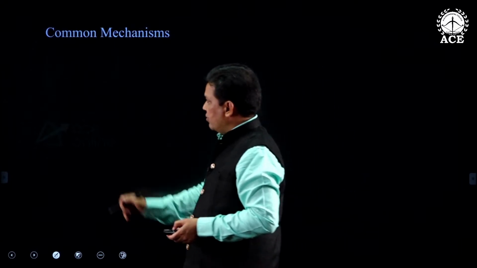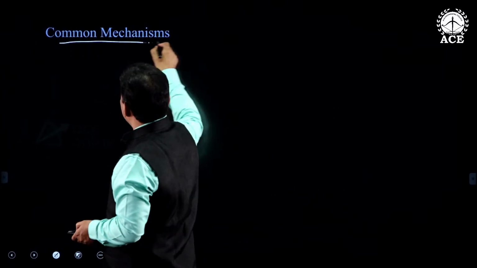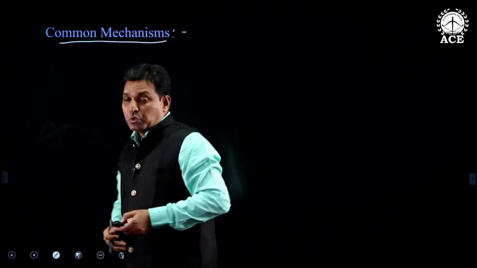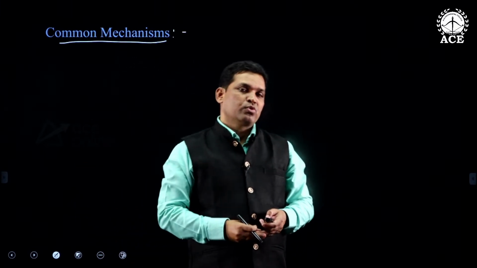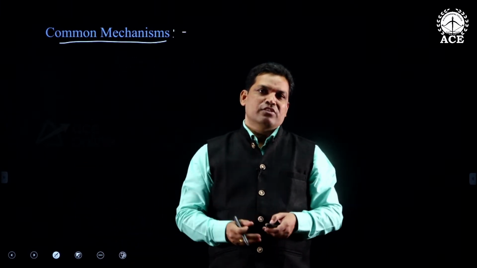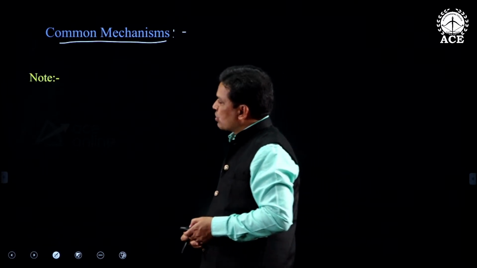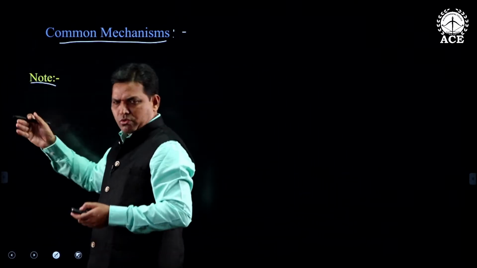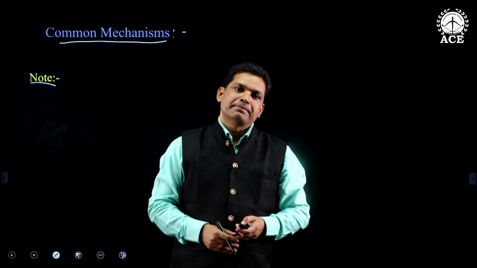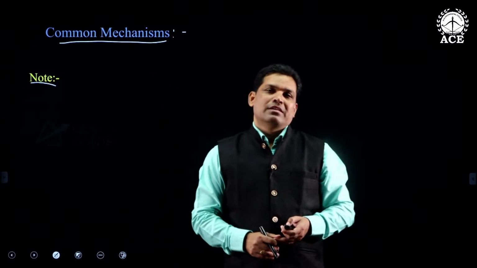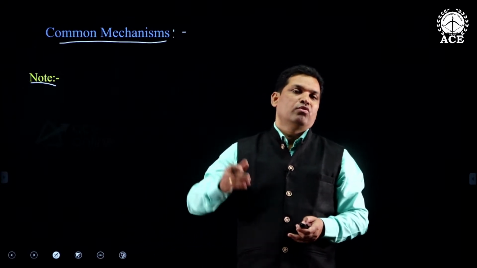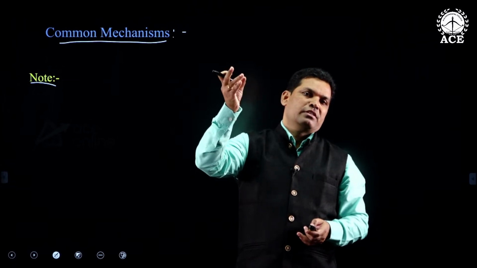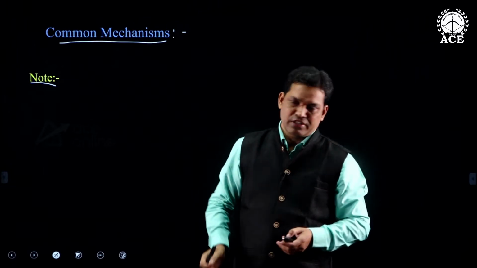Coming to common mechanisms. While modeling a software system, as a designer you need some common mechanisms which you are supposed to use. What are those common mechanisms? Note. We already discussed that things are classified into four categories: structural things, behavioral things, grouping things, annotational things.